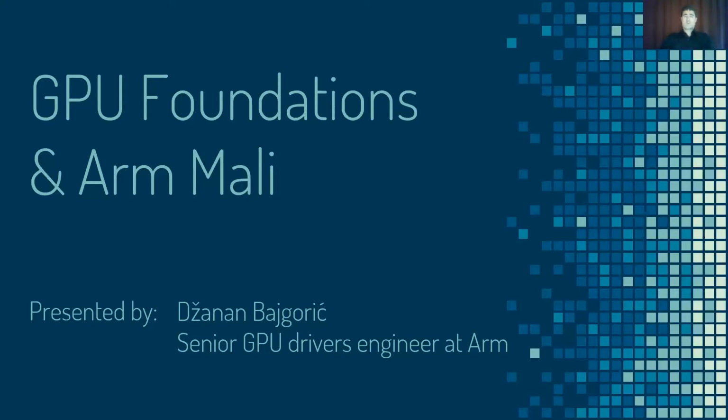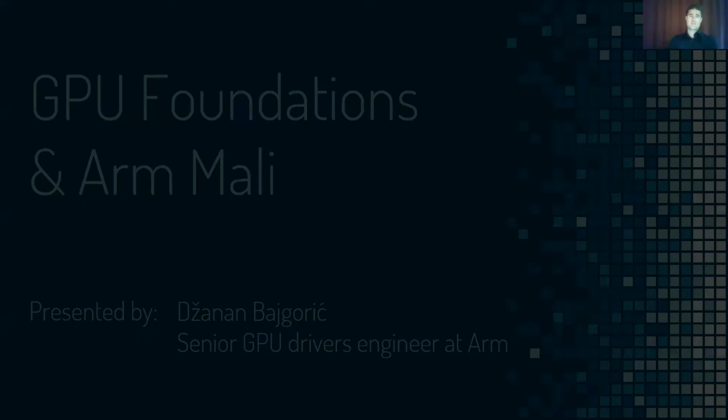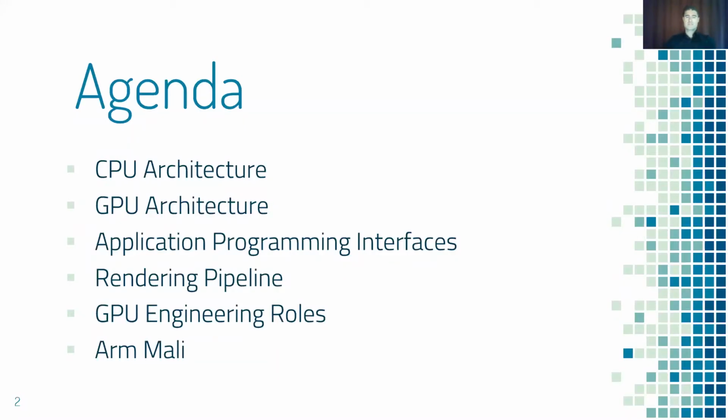Okay, so we'll start by discussing CPU architecture. This is just to give us perspective to understand why we need GPUs. And then we'll switch to GPU architecture, which we'll discuss in some detail, followed by application programming interfaces, which are the way to program GPUs. Then we'll spend quite some time discussing the rendering pipeline, which essentially specifies how a GPU functions and behaves.